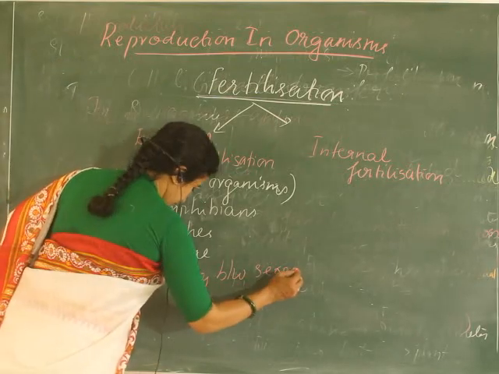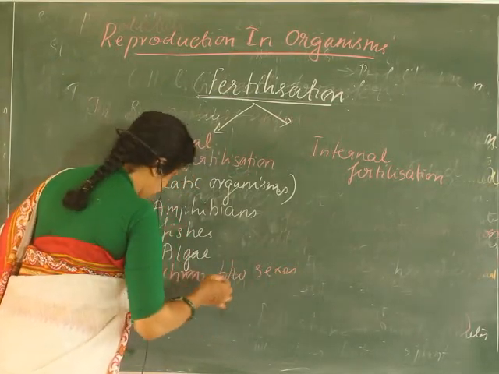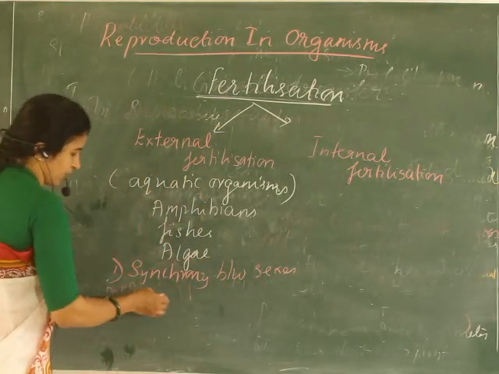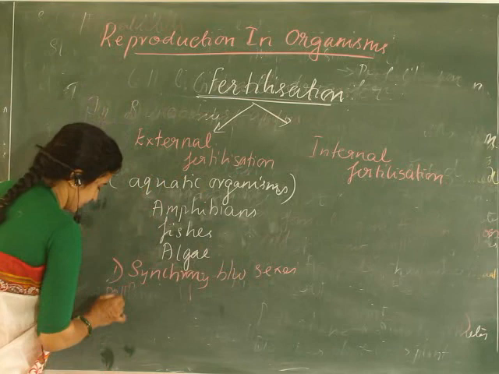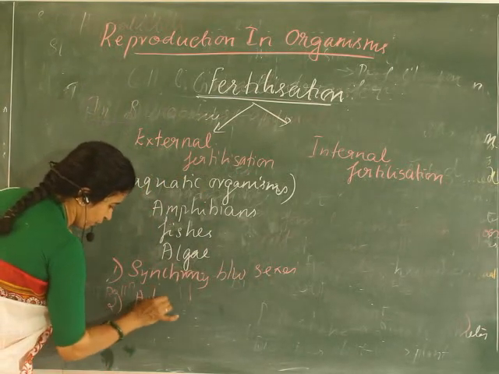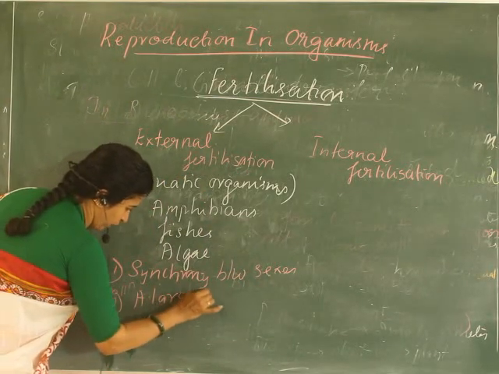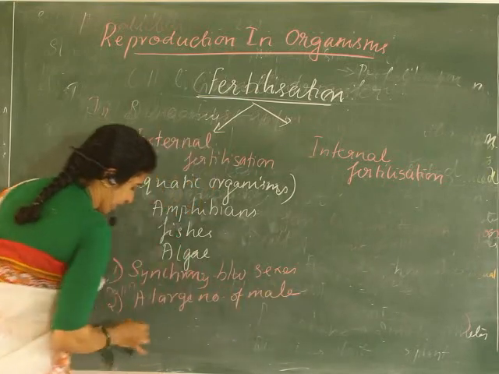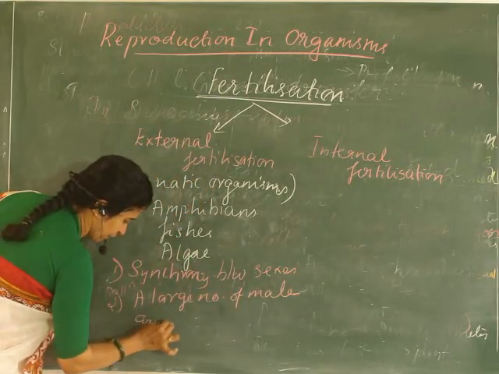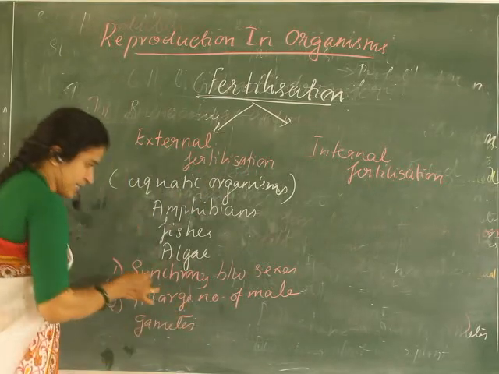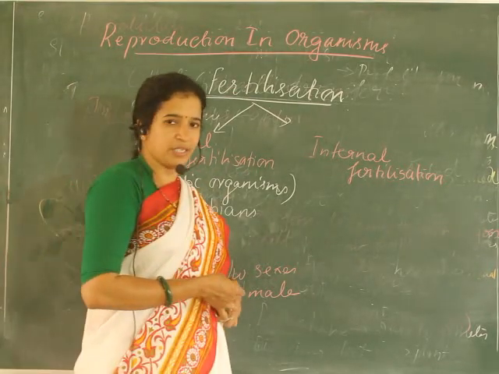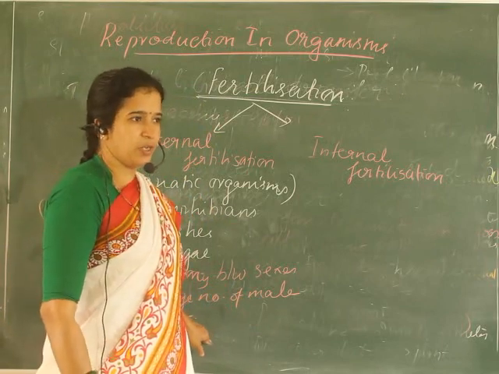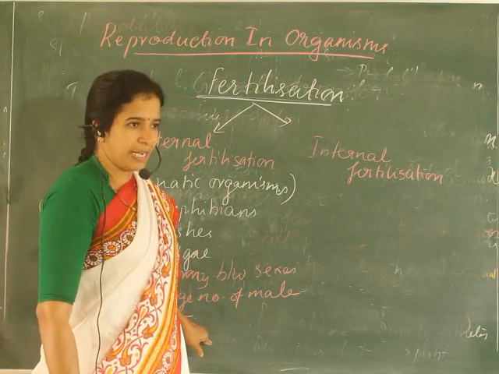The organisms which exhibit external fertilization show a great synchrony between the sexes, and a large number of male gametes are produced. Can you say why? I started this video with the same concept: to ensure the successful fusion of gametes.